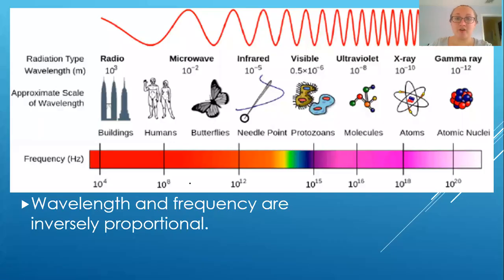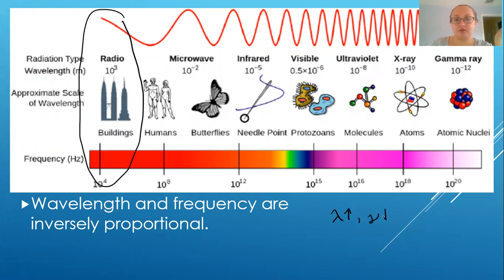Here you can see a diagram of the electromagnetic spectrum. As you can see, wavelength and frequency are inversely proportional. So as wavelength increases, such as over here, frequency decreases.